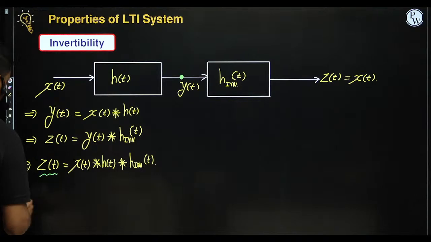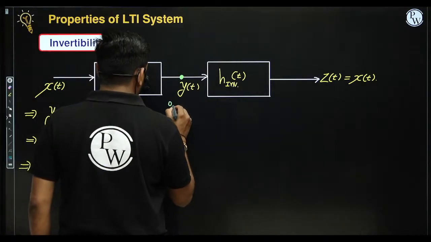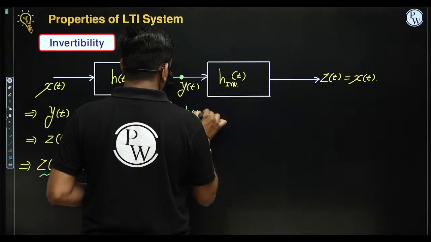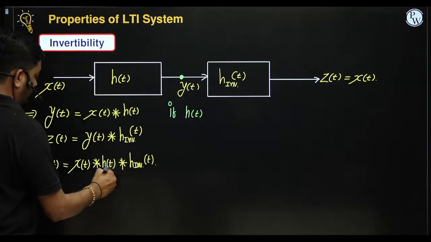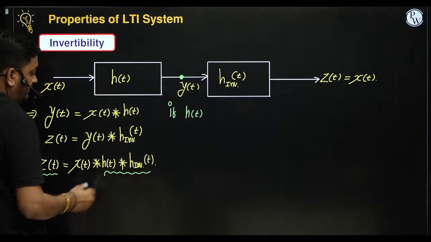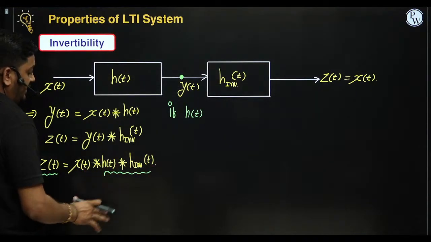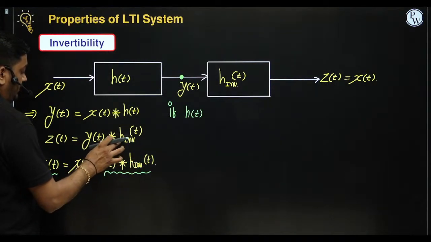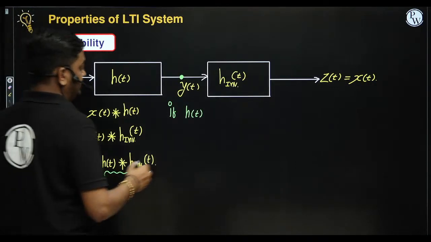So here I am writing, it is possible only when h of t convolution with its inverse system impulse response is delta t. If this is delta t, then x of t convolution with delta t is equal to x of t.